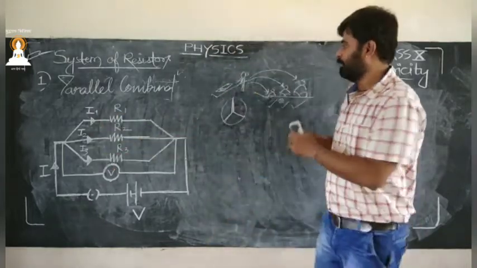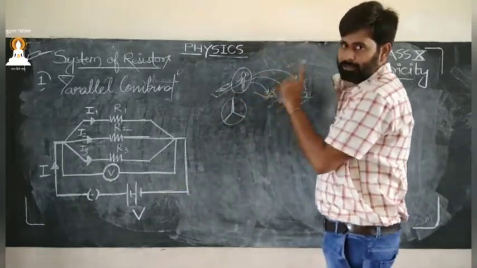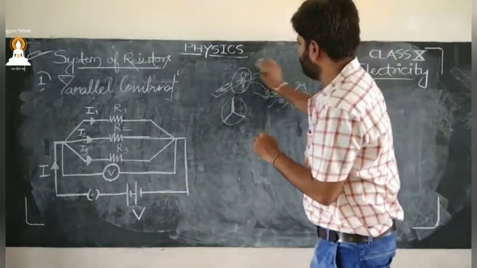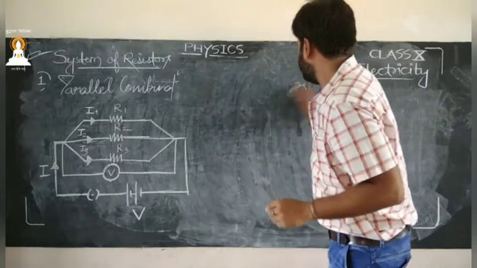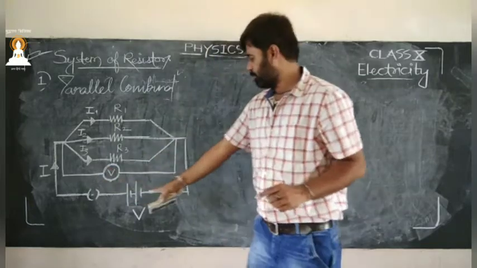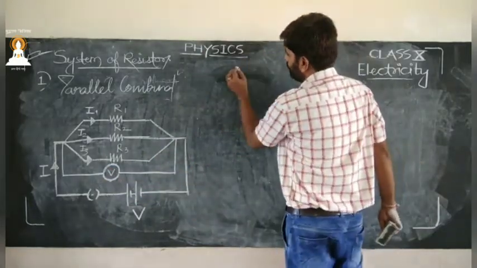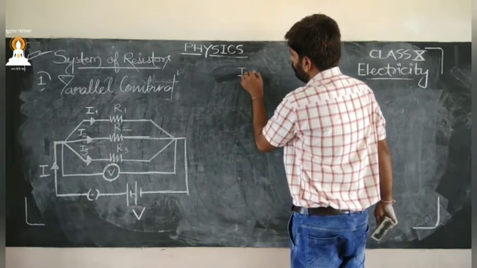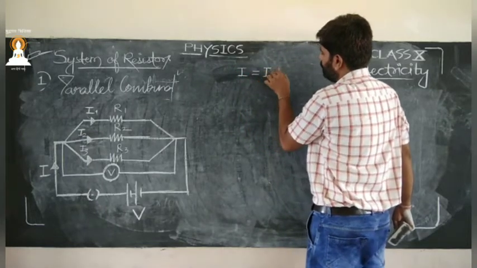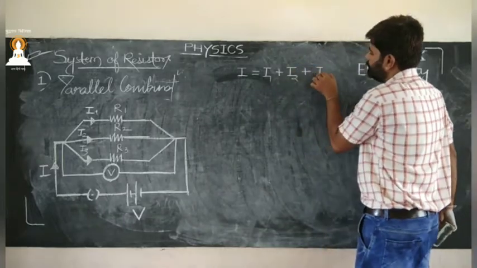But the source is this, the voltage is this. Remember, here the voltage is the same for all, the voltage drop is the same for all, that is V. But the current is changing, so the total current will be equal to I1 plus I2 plus I3.